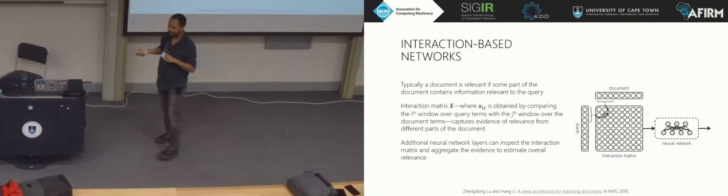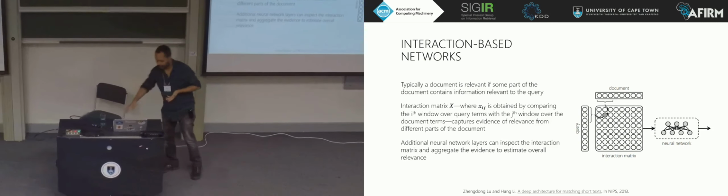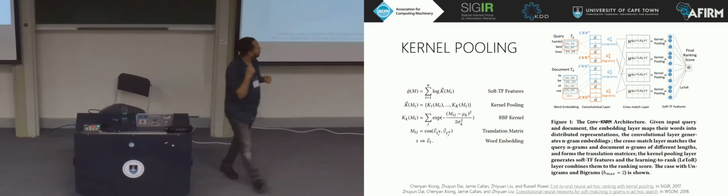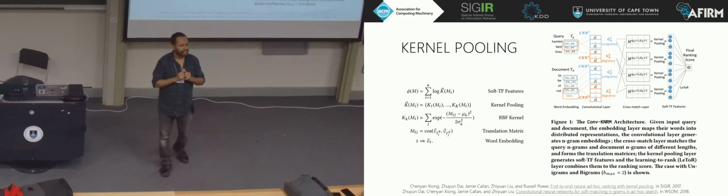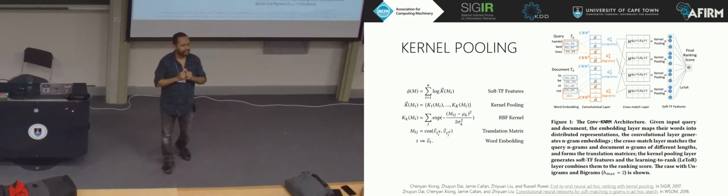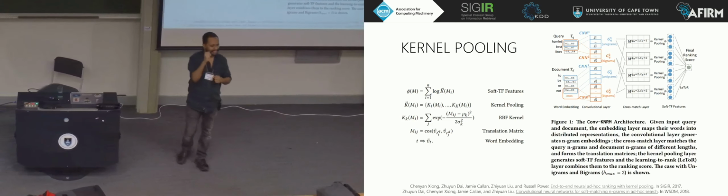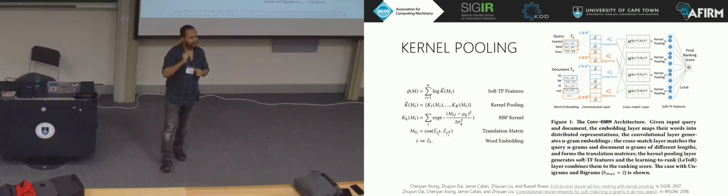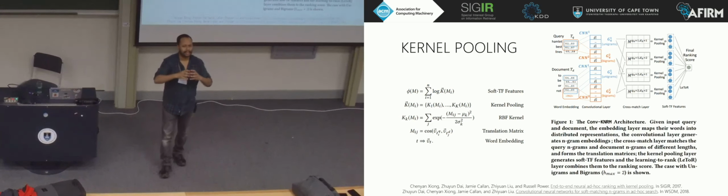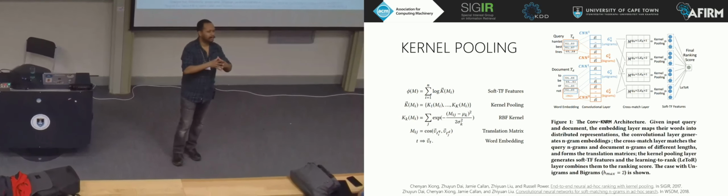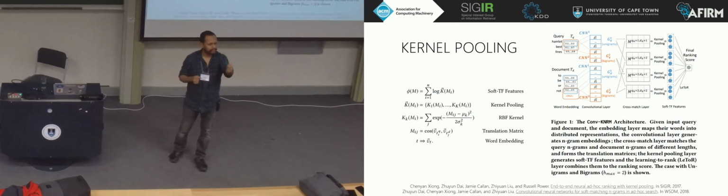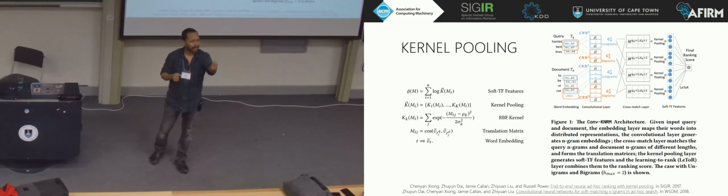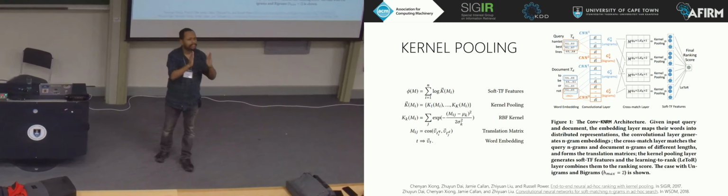One of the interesting tricks that was proposed by the kernel pooling paper that we are going to look at here is that I'm going to do a similarity, something like cosine similarity, but instead of keeping a single real valued number, I'm going to transform that into, let's say, 10 features, where each feature becomes 1 or gets close to 1 if the similarity is in a certain range.